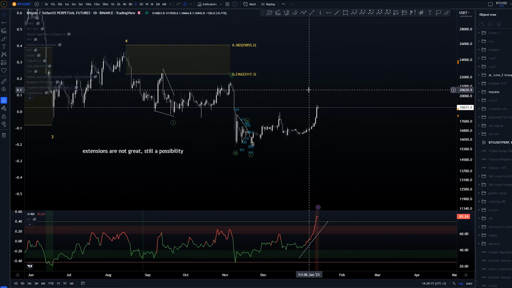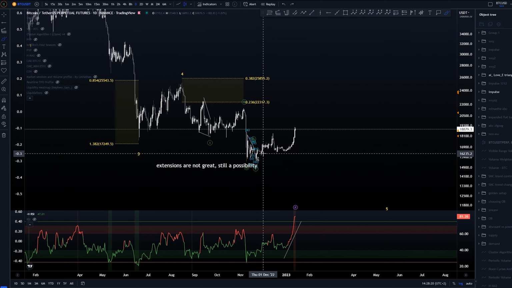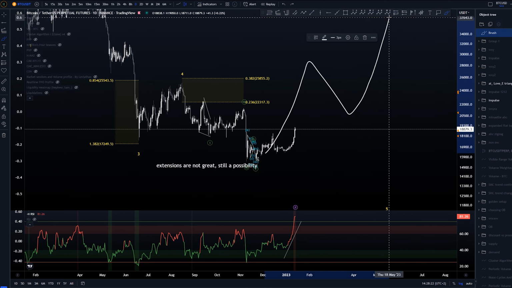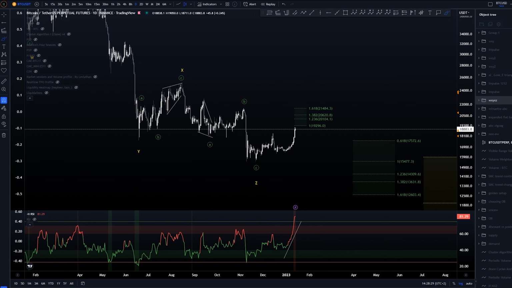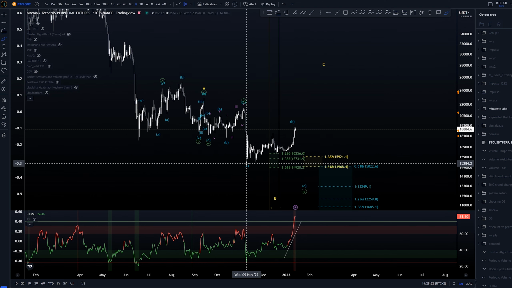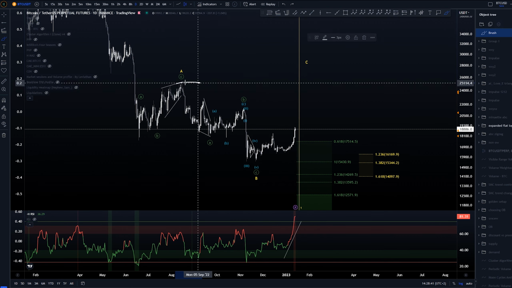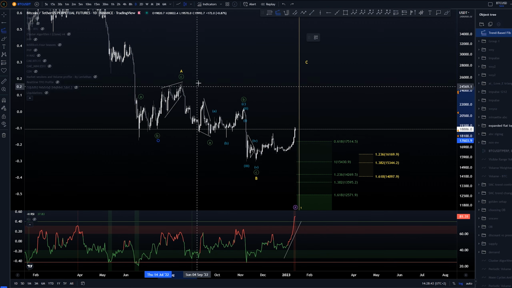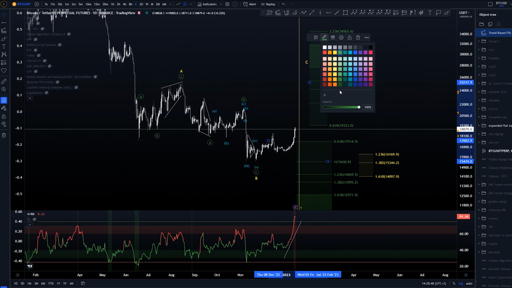It's possible though, but if we are starting to create a rally from here, where we are creating a 5-wave structure, 3-wave and 5-wave at least, I would be more thinking about the WXY, unfortunately. Otherwise, if we are just creating a 5-wave structure, I would be more looking into this count and this guy here, where we'd have this as 1, 2, 3, 4, 5 into that C wave, potentially taking out these lows, highs here. And of course, now we can start to imagine our targets here as well.